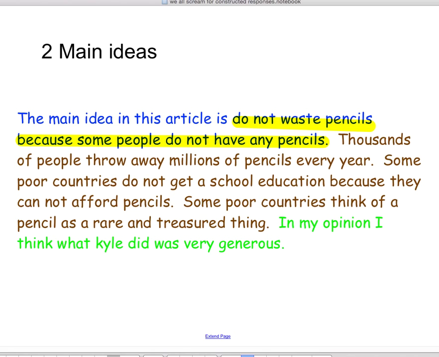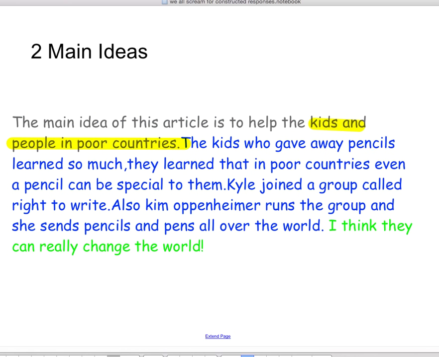Then the next part says, some poor countries do not get a school education because they cannot afford pencils. Okay, so now they're telling us why we need to help these people. They can't get an education. And lastly, they say some poor countries think a pencil is a rare and treasured thing. Awesome. I also like this student Sprinkles. In my opinion, I think what Kyle did was very generous. Nice job. So all three of these details match that main idea.